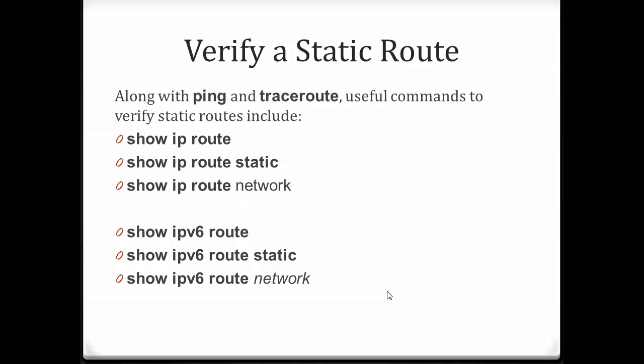Instead, we want to specify the whole network. We want to do an ip route 192.168.1.0 with 255.255.255.0, and that will specify all addresses in that 192.168.1.0 network. So be on the lookout for that when you're entering these static routes as well.